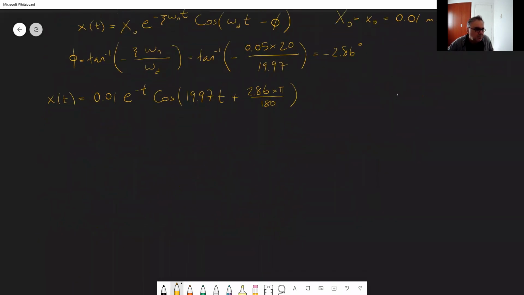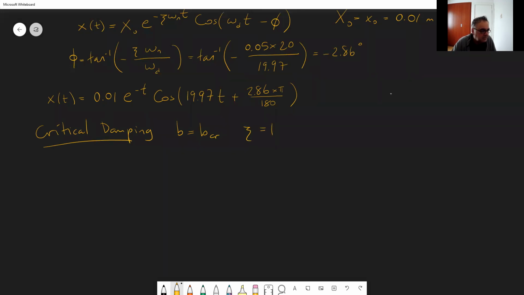Before we stop, let me do one more thing. We looked at the underdamped case. Let's look at the critical damping case as well. Damping where you have c equals c critical and zeta equals 1.